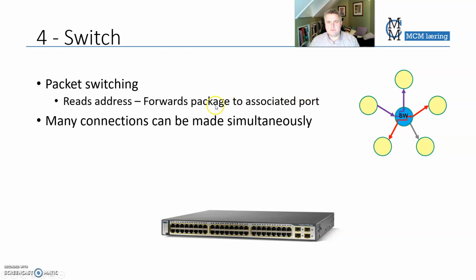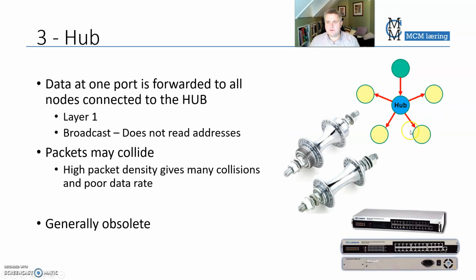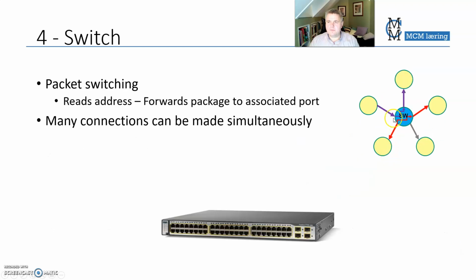So it will have to read the address and send it forward. A hub does not read addresses. Still, it has ports and connectors, so it has to know what a bit looks like in order to retransmit the set of bits to the other ports. A switch will also have to know the local addressing. Hence, it's layer 1 and 2 in the OSI model.